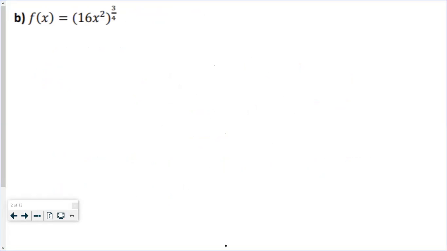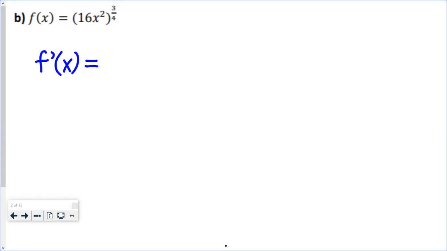Now, here is a harder question because we have a power and we have a power that is an exponent. This is actually 16x squared to the power of 3 over 4. So again, the power rule comes into play, and we're going to apply the chain rule to this. So f prime of x, I'm going to take the outside first.